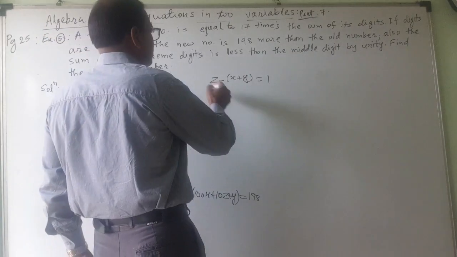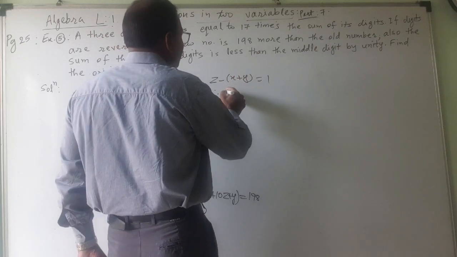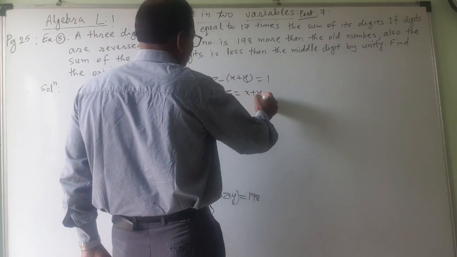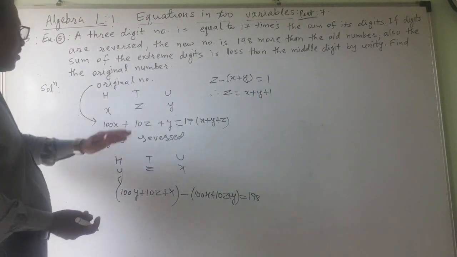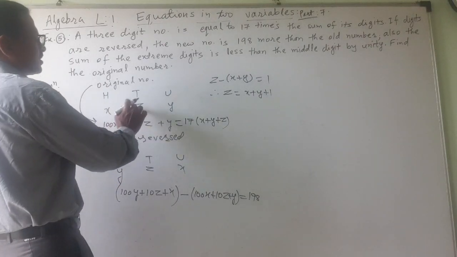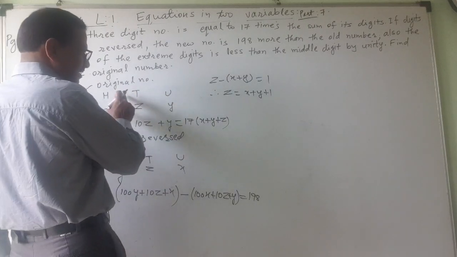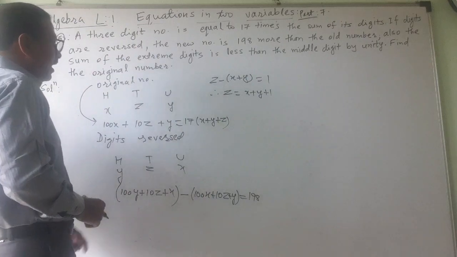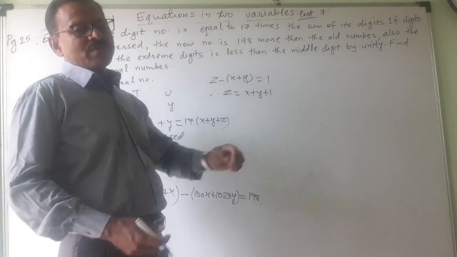Therefore I will bring this there, and z is equal to x plus y plus 1. Now all these values will change. Z means x plus y plus z, where z, the tens place digit, is x plus y plus 1, and at all the z places it is x plus y plus 1.